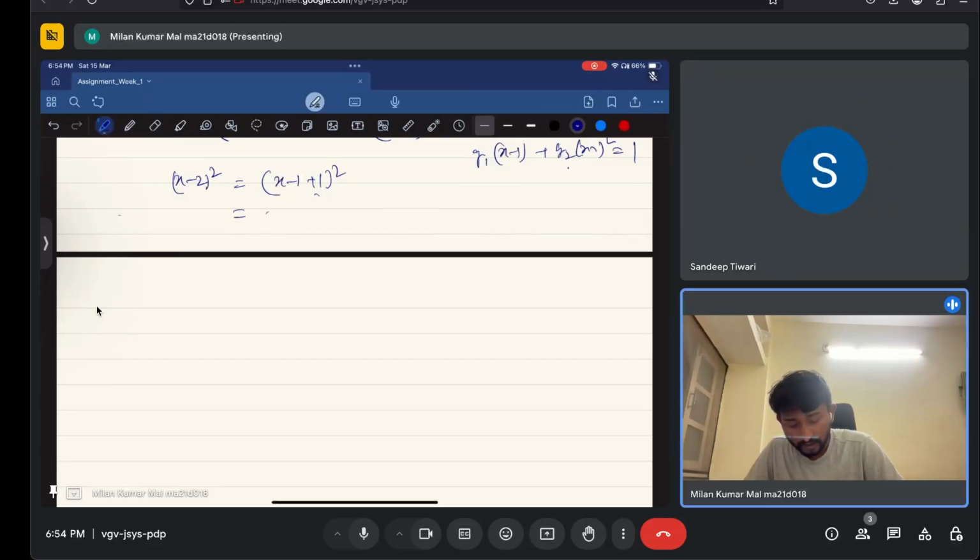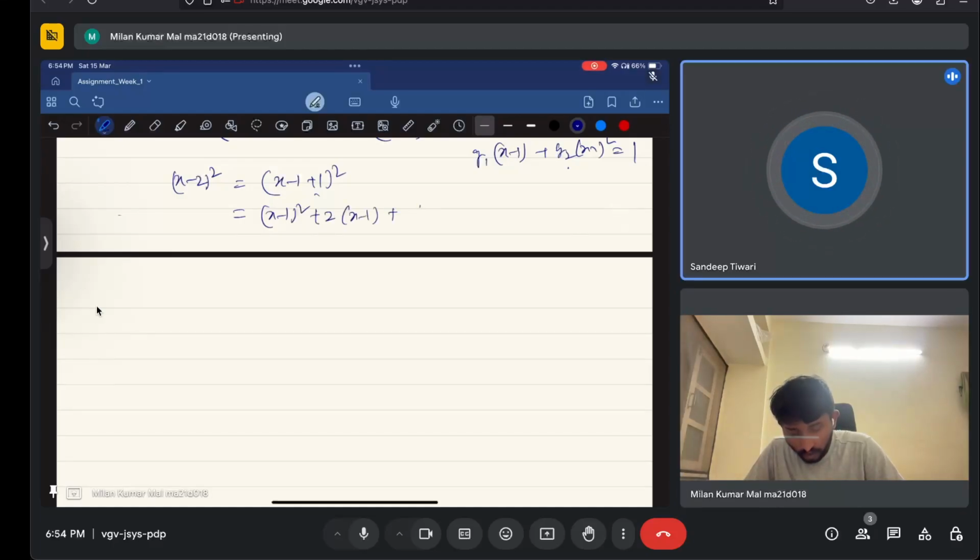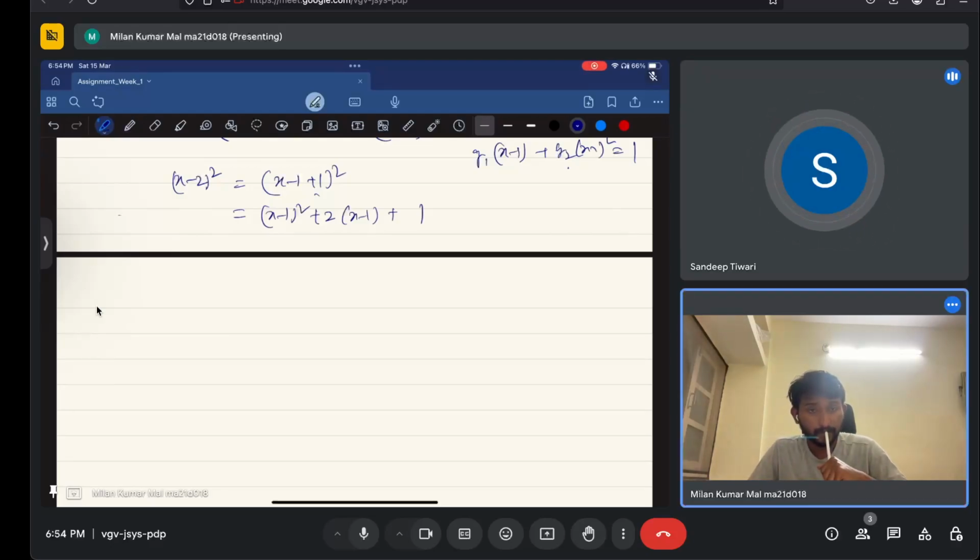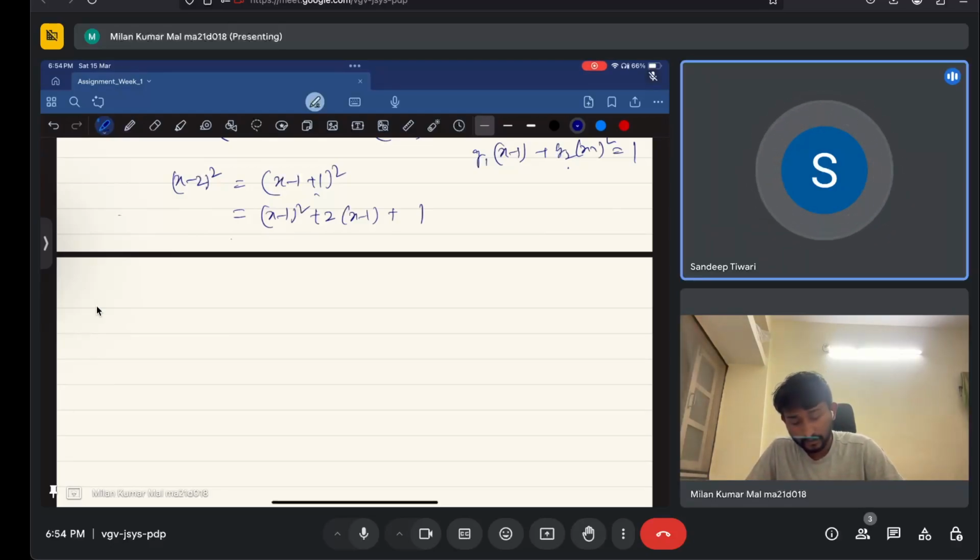I have to write this as x minus 1 whole square plus 2 into x minus 1 plus 1. So now if we divide, x minus 2 whole square can be written as x minus 3 into x minus 1 plus 1. Really? Yes.